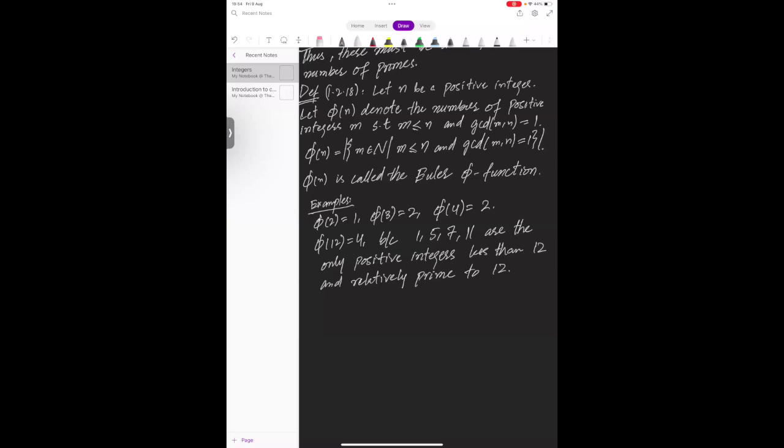Remember, phi of n counts the number of integers relatively prime to n.